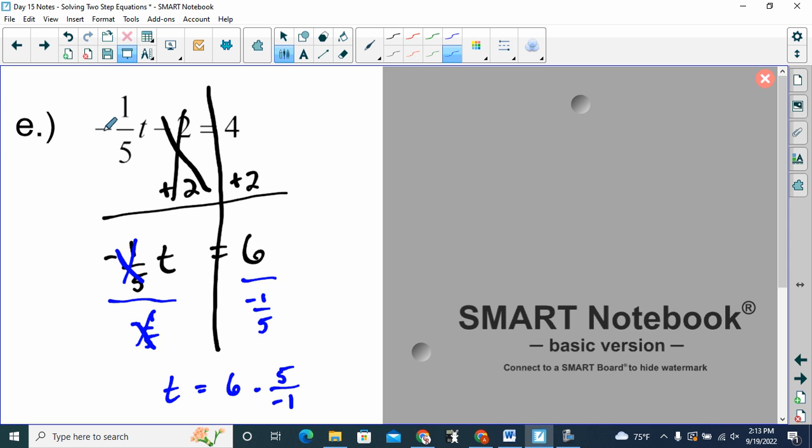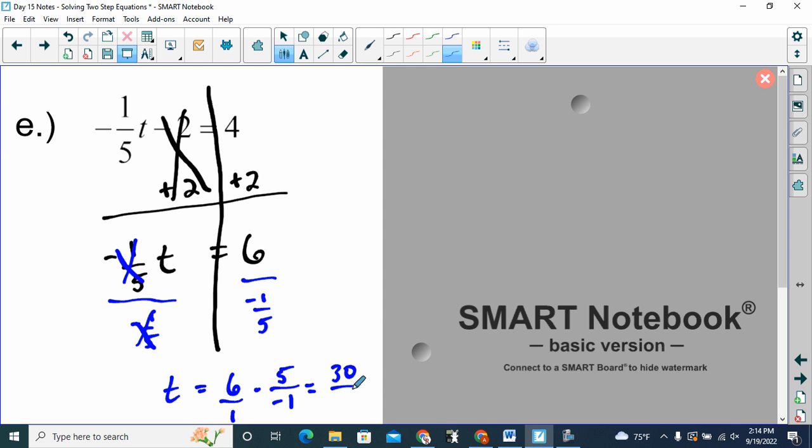If a number's negative, you can make the numerator negative, you can make the denominator negative, you can just leave the negative out front, but you can't have the numerator and denominator both be negative, because negative 1 divided by negative 5, negative divided by negative would be positive. So I put my minus sign on the top, which then gets flipped to the bottom. But if you put it with the 5 or just left it out front, either one's fine. 6 times 5 is 30.